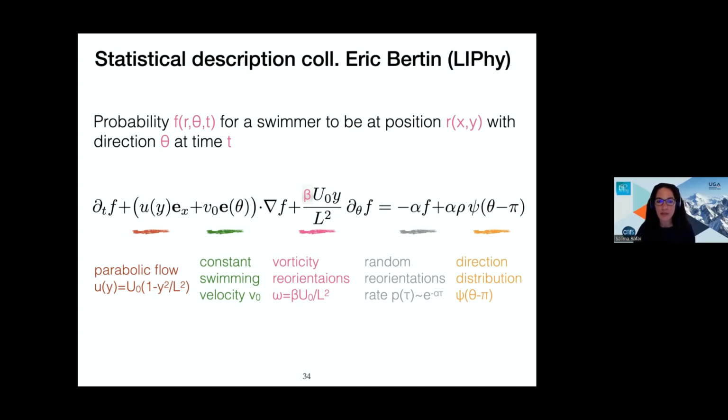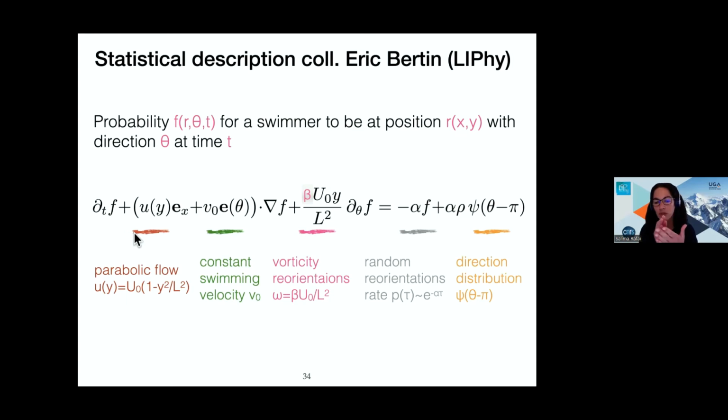As I said, you can try to describe the dynamics of the swimmers coupled with the flow as a statistical description of the system. If you look at the probability for a swimmer to be at a given position R, with a given direction, at time t, what you can write is simple.